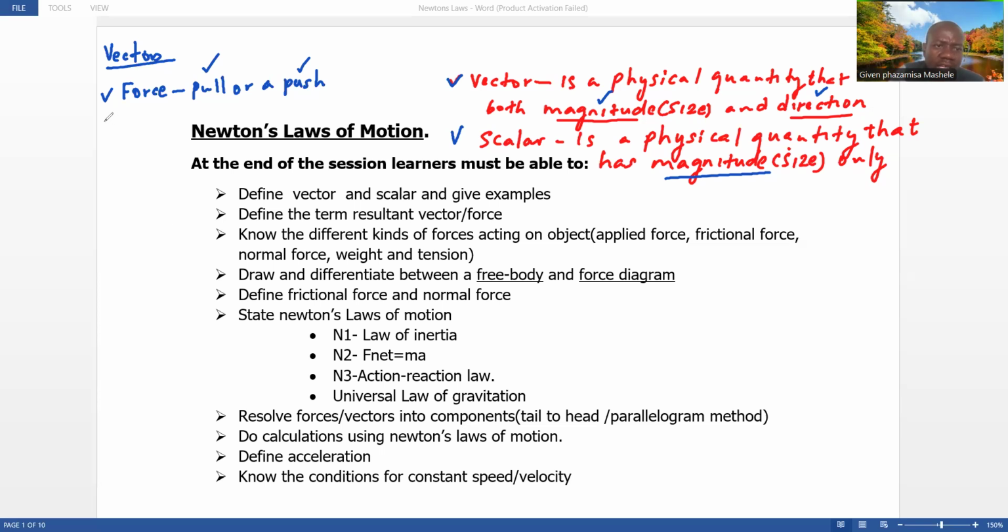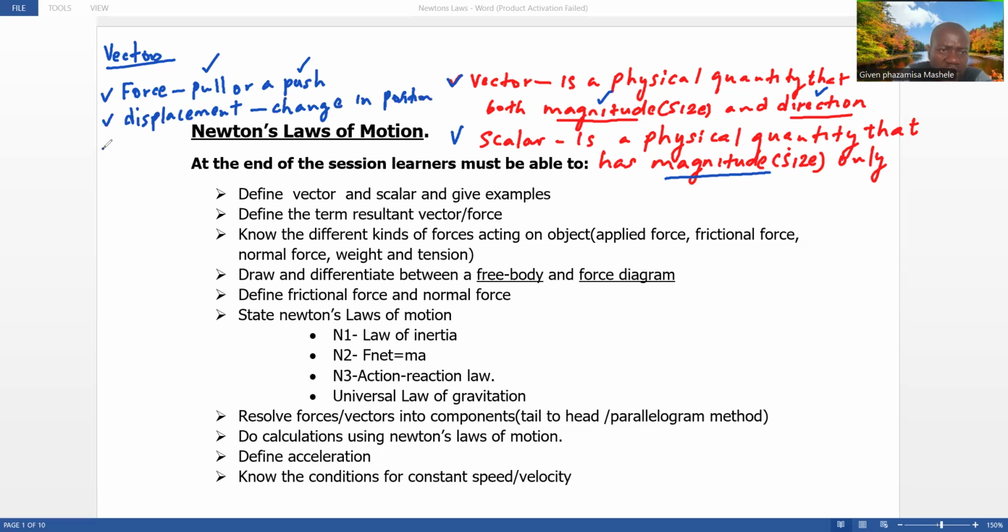I think it's very important to be able to differentiate between vectors and scalars. For example, we have things like displacement. Displacement is an example of a vector because it considers the change in position.